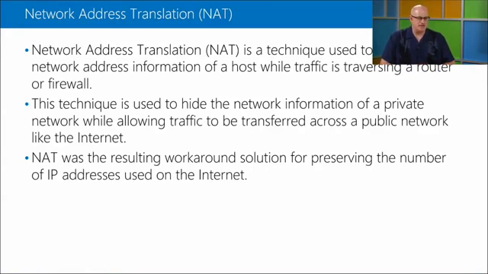Techniques used to hide information of a private network can be. That was used as a workaround for the IP address shortage for IPv4. So there were only so many IPv4 addresses.